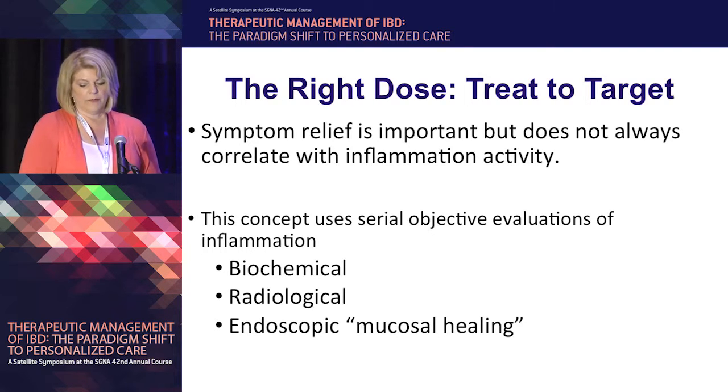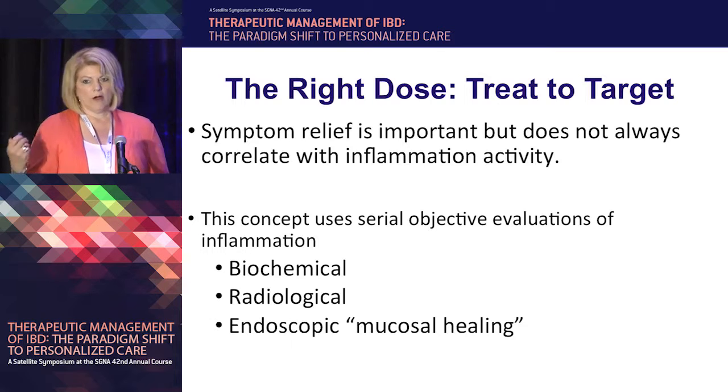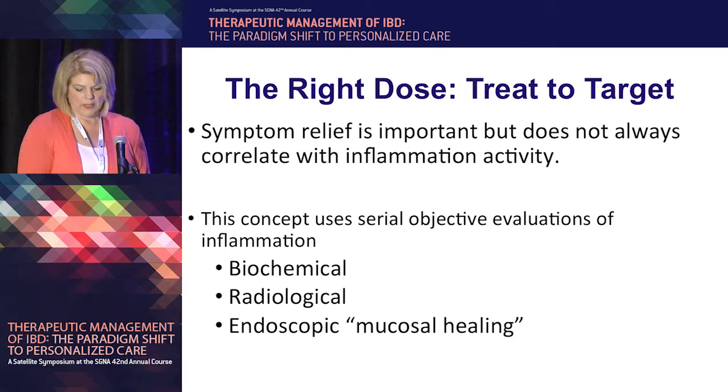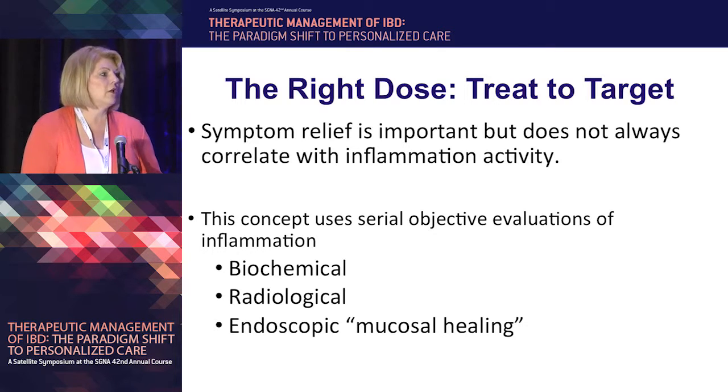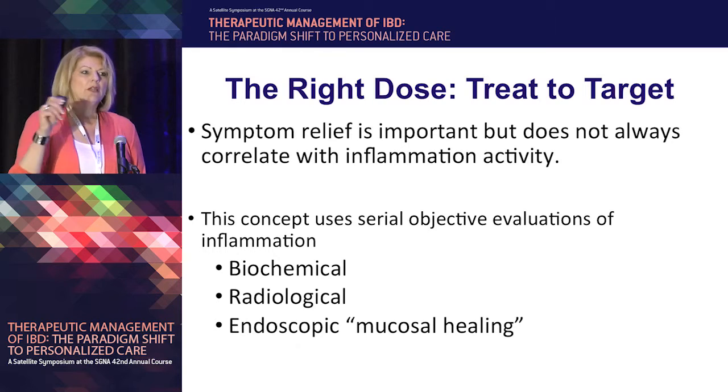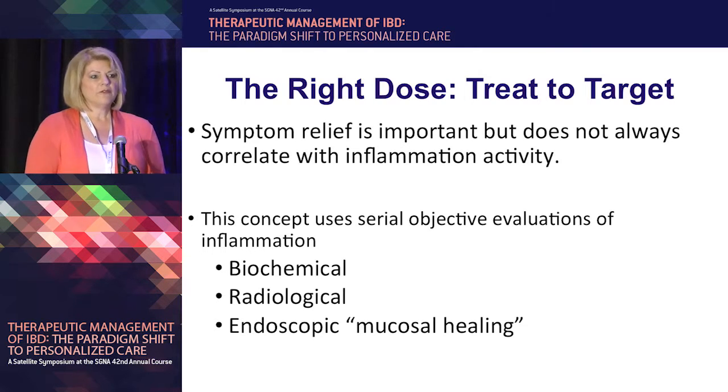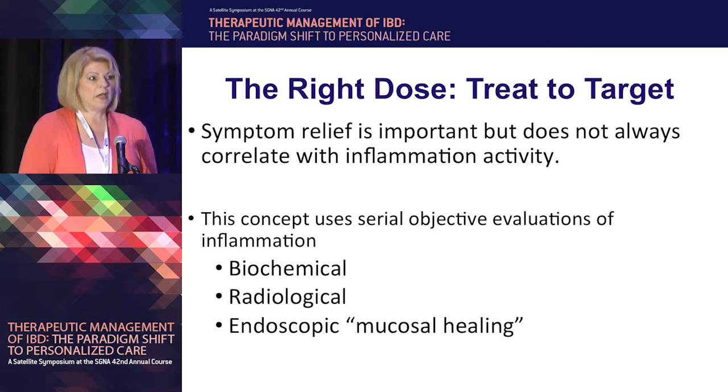So this concept uses serial evaluations of inflammation. The biochemical: looking at CRP levels, drug levels, antibody levels, and fecal calprotectin. That's another test that shows if the bowel is leaking leukocytes, meaning there's inflammation ongoing.